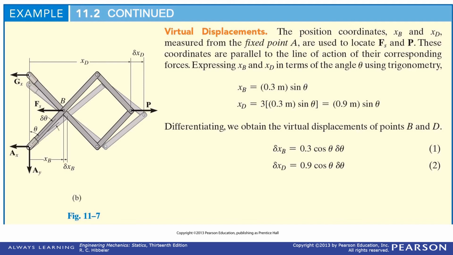You're going to have twice the change of distance here between B and P. So x sub b is 0.3 sine theta, and x sub d then is 3 times that.